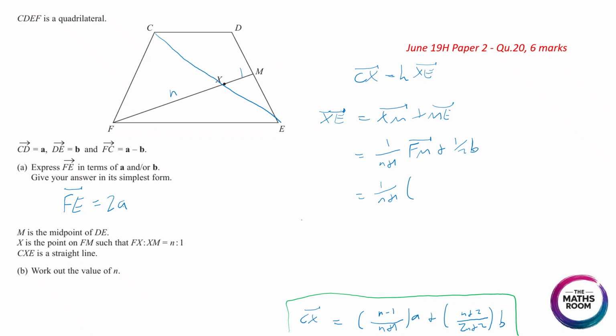So it's our f to c, remember, which is our a minus b, plus our c to d, which is just a. And remember, we're going to add in a half b, it's d to m.